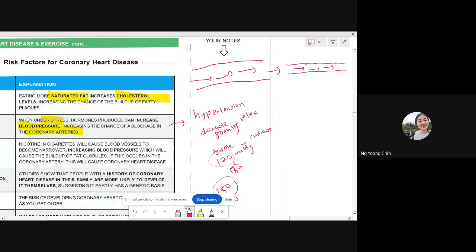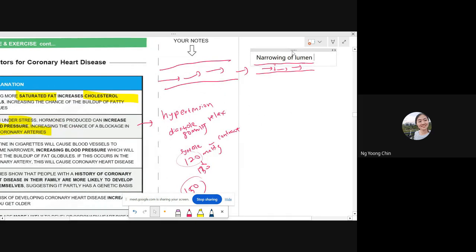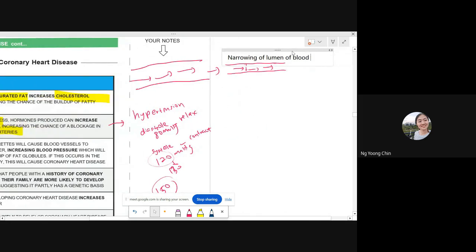Because now the blood vessel is narrow in the lumen of the blood vessel. But you still need to pump the blood, right?